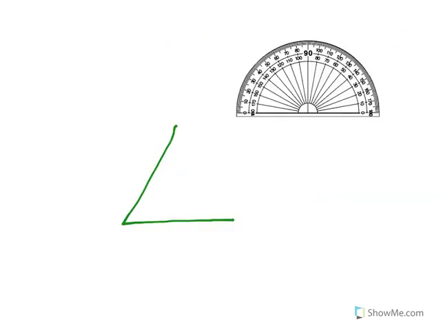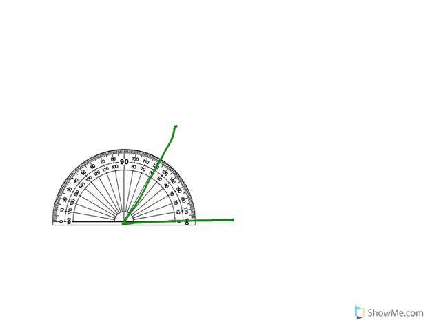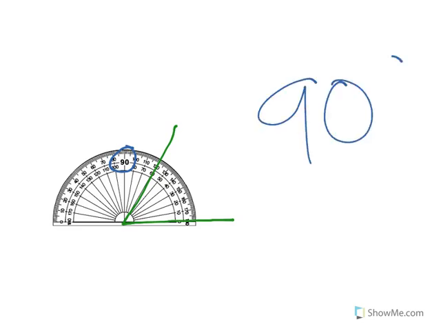So let's look at another one. I'm going to take my protractor, line the middle with that middle, and then line my black line as well as I can on my unstraight arrow. As I'm doing this, I look at my 90 degrees. Is it bigger or smaller than 90? This one is smaller.